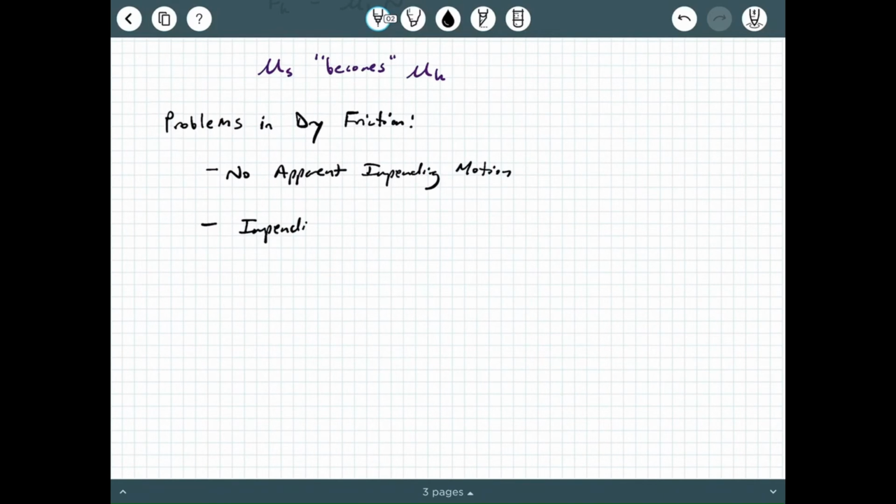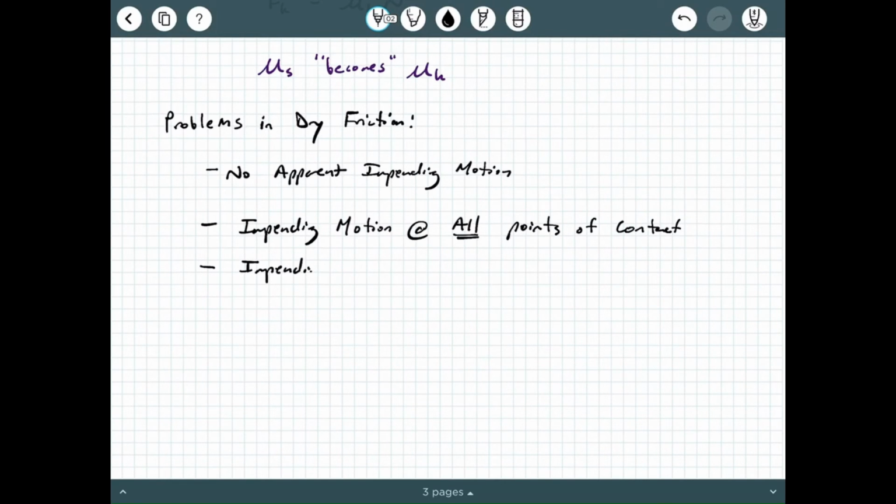The second class is going to be impending motion at all points of contact. Okay?